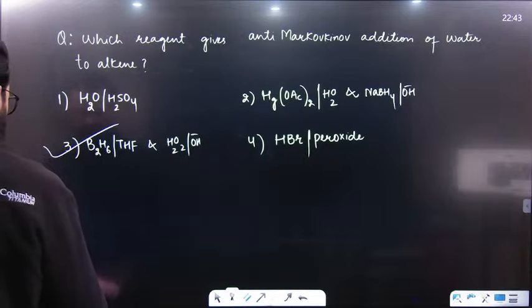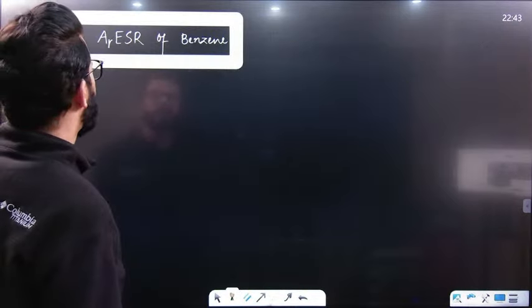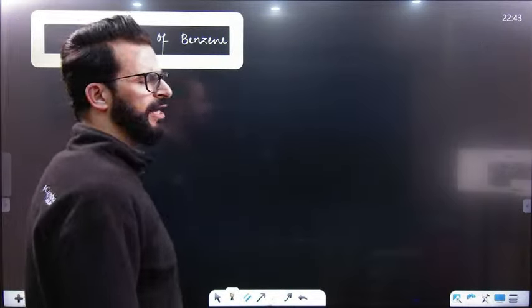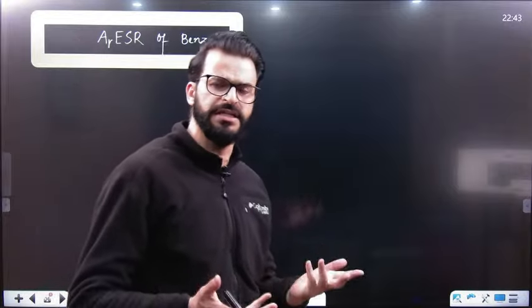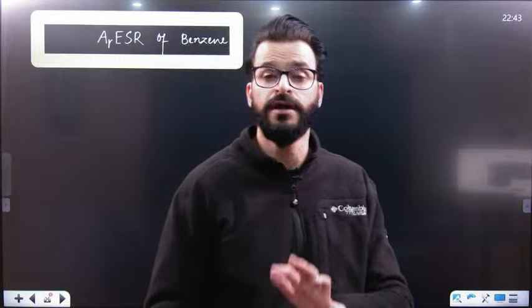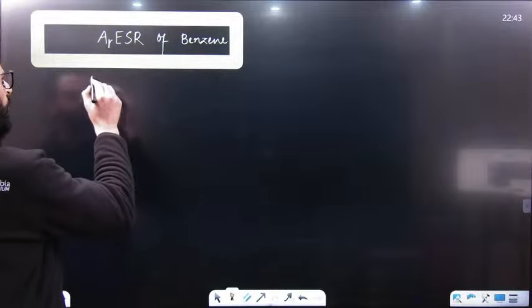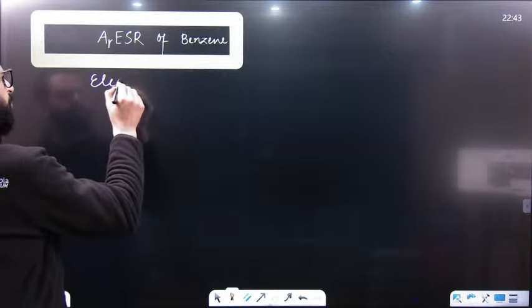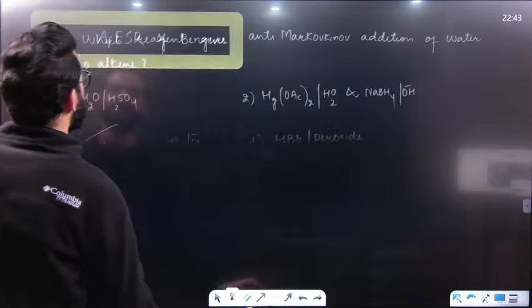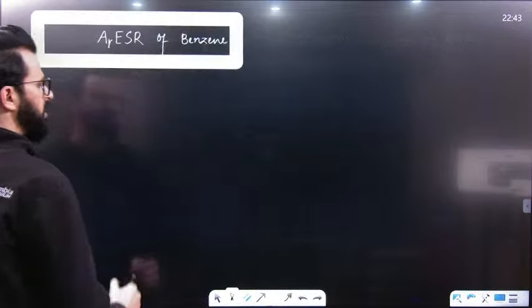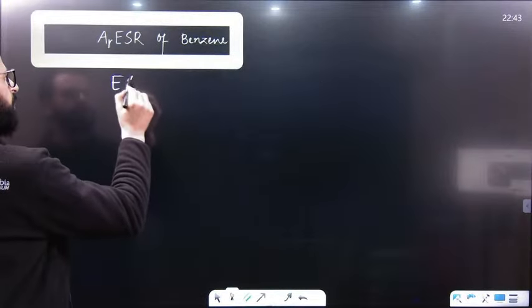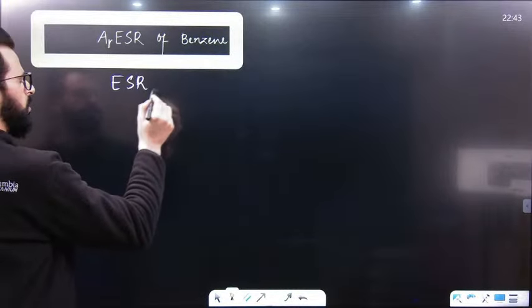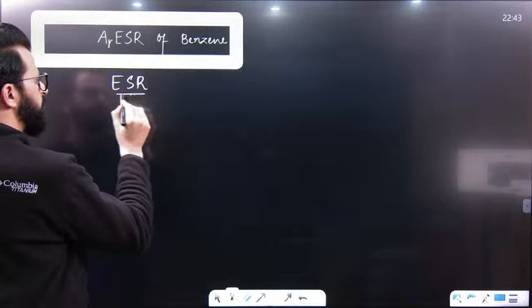Nice. After that, we have another reaction, the aromatic electrophilic substitution reaction. Obviously, this is the electrophilic substitution reaction of benzene. Now, have a look. Electrophilic substitution reactions, I will write like this, ESR: electrophilic substitution reaction of benzene or aromatic species.